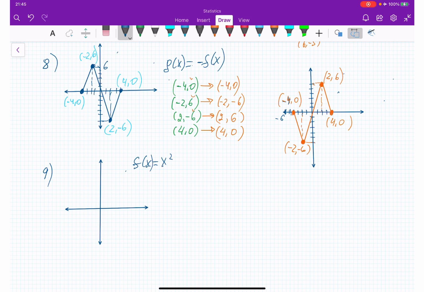So x squared is going to be something like this. And now, these sides have to be symmetrical.